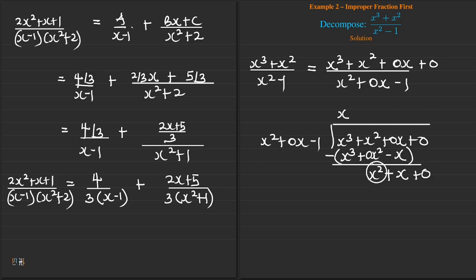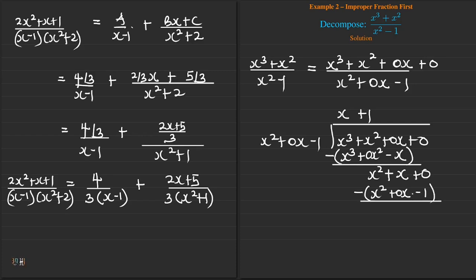So you have x squared divided by the x squared we have over here. That gives us a 1. You see? So we now do our multiplication. X squared times 1 gives us our x squared. Then 0x times 1 gives us a 0x. Then negative 1 times 1, that gives us a negative 1.